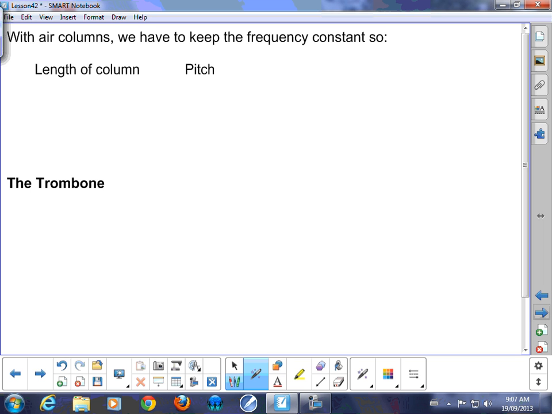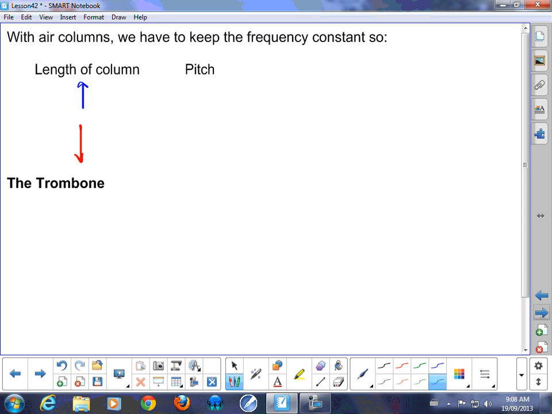So moving on to the next slide here, with air columns, we have to keep the frequency constant. So for people that play instruments, you know that you try to blow, for the most part, with equal pressure, equal force, whatever the proper terminology is. So what that means is that with your fingering on the instrument, you can either increase the length of the column or decrease the length of the air column.